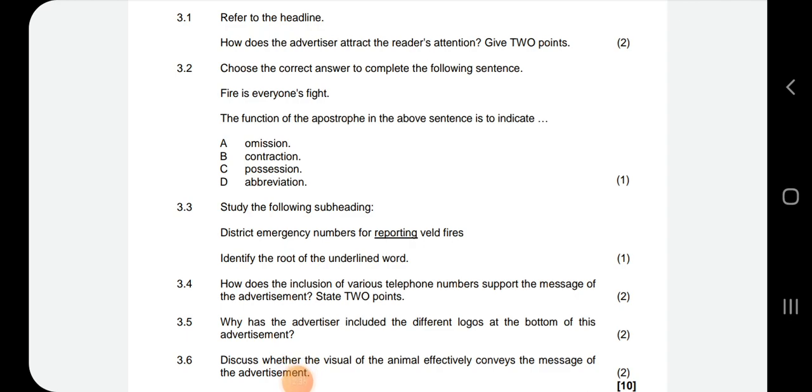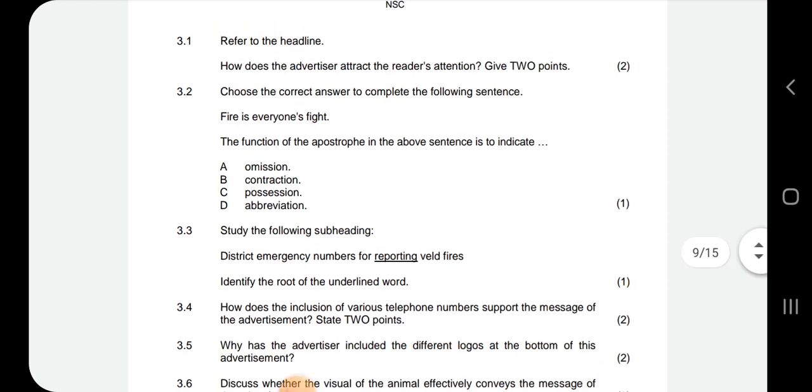So here are the questions. So try to pause this video, do these questions, and we will meet up to discuss the possible solutions. So 3.1 says, how does the advertiser attract the reader's attention? You need to give 2 points.